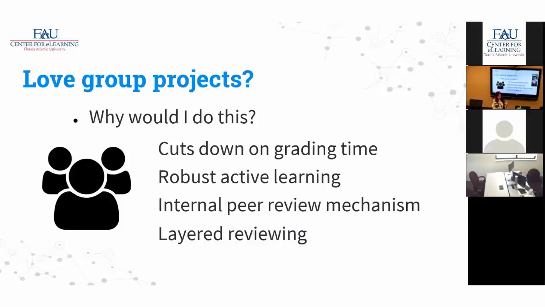So, like I said before, it cuts down on your grading time because there's this layered reviewing that happens that you don't necessarily have to do all yourself. So you have another set of eyes, people looking into the work and looking at ways to make it better, to improve it, to enhance it.